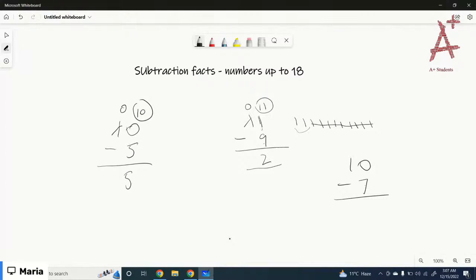You have to borrow 1 from here to make the number greater than 7. The one you borrowed, you add to the left of the 0. It makes 10, and here you are left with 0. So 10 take away 7 is 3. You have to borrow to subtract here, from the next digit.